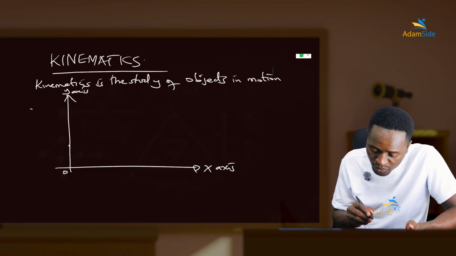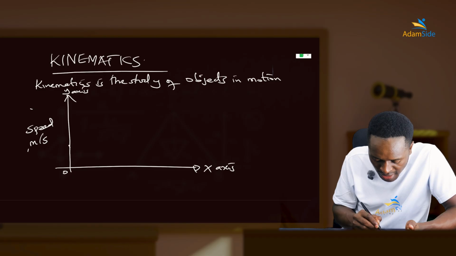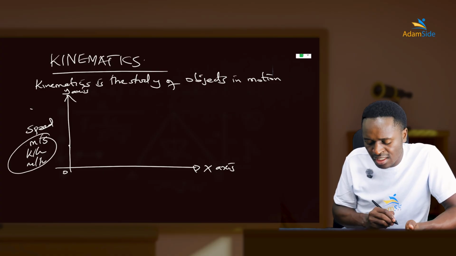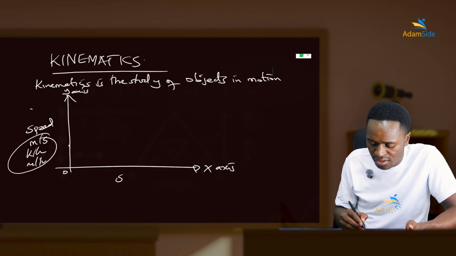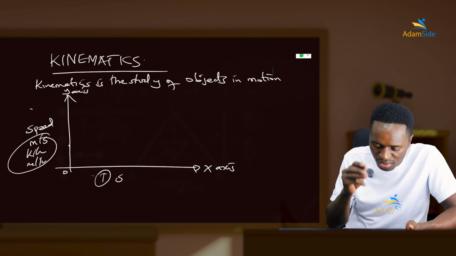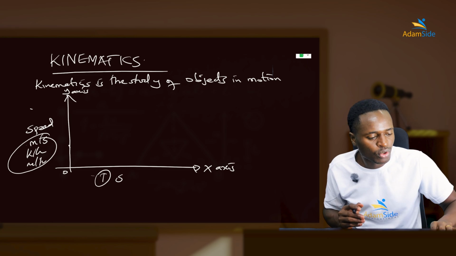In kinematics, the speed will always be here. It can be meters per second or kilometers per hour or miles per hour. And here is time. If you're given meters per second, this will be time in seconds. So speed is always shown on the y-axis. Speed is on the vertical axis, time is on the horizontal axis.